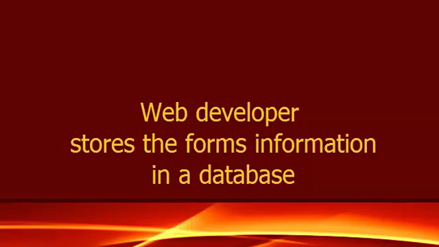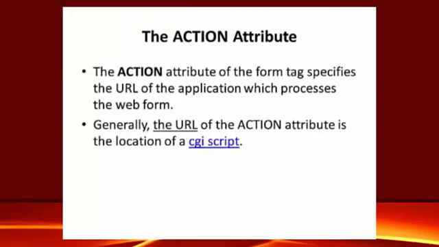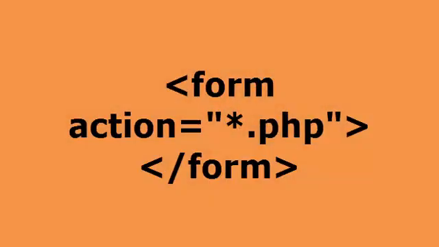So the form tag contains an attribute action. Action contains the address or URL where the form details need to be stored. The developer can use either ASP.NET, JSP or PHP. Here we are providing the PHP page. You can see the link. In this page the information of the user will get recorded.